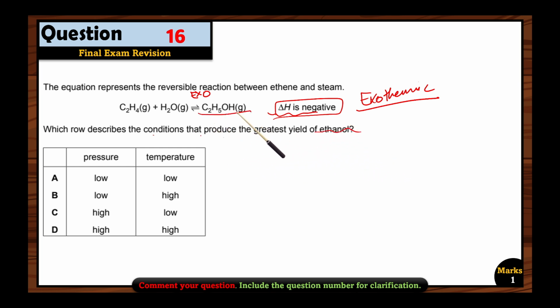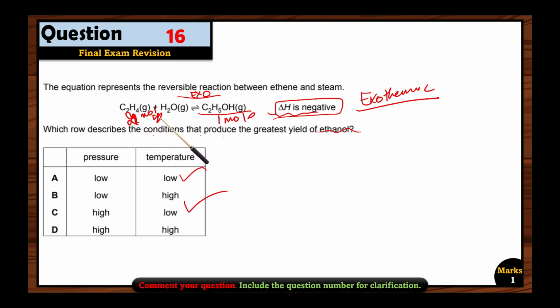So ethanol we are getting in the forward reaction. So if the reaction is exothermic, it means we have to give low temperature, because low temperature always favors the exothermic reaction. So the temperature should be lower. These two options are right. Now let's see about the pressure. How much should the pressure be? How many moles of gas do we have here? 1, 2, right? So we have 2 moles of the gas here, and on this side we have just 1 mole.